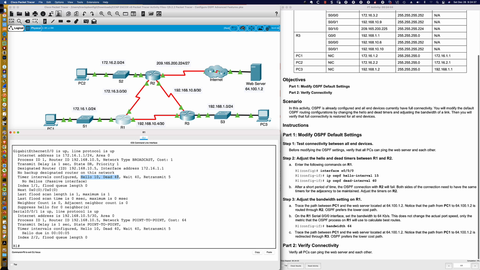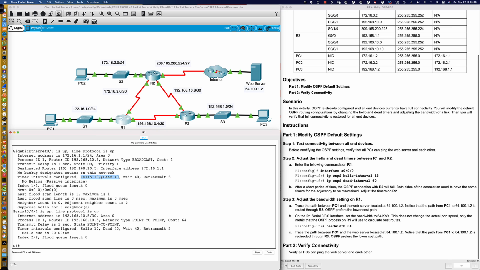Again, they show you this for a reason, not only for testing purposes, but because maybe we've got a lot of latency on the link. Maybe we're okay waiting for 40 seconds for OSPF to determine that the adjacency is down, and that's not going to be an issue. In cases where that is not true, you would use bidirectional forwarding detection.